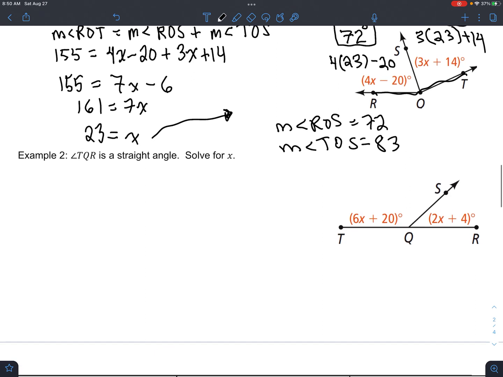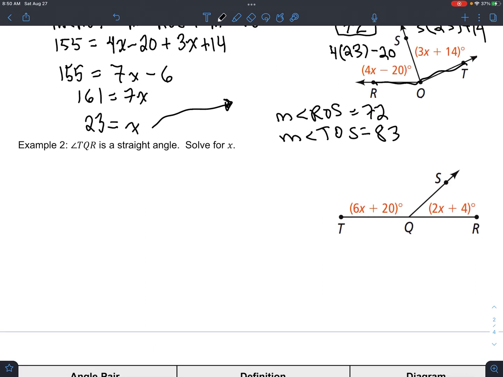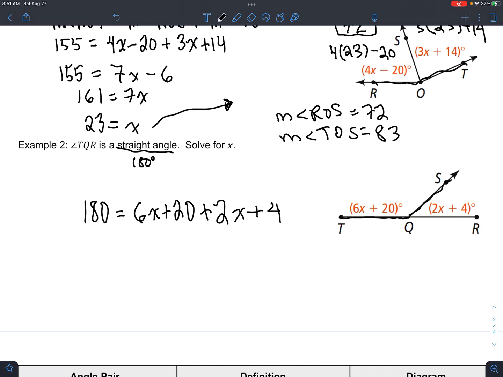All right, straight angle TQR. So TQR could be split into two different angles, and that's what we're going to do here. A straight angle is 180 degrees in measure, so our equation should be 180 equals the two angles added together. These are actually what's called adjacent angles. We'll talk about this in a second.